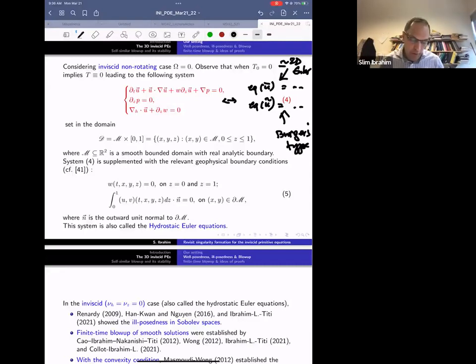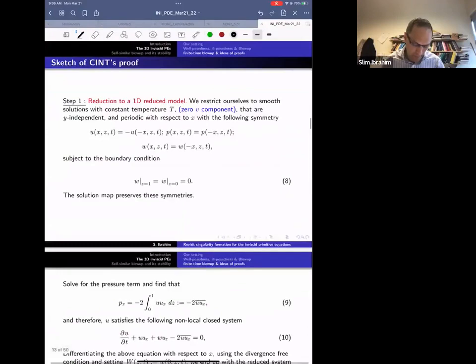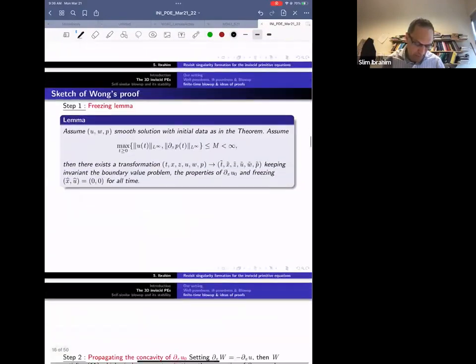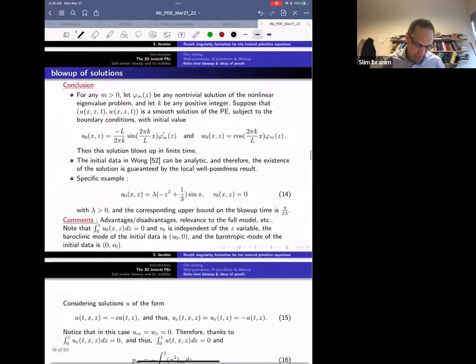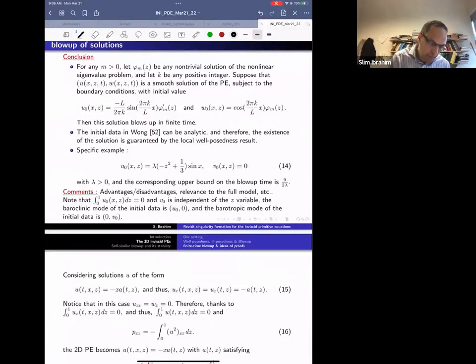And this observation that I just told you, this observation here, means that it's not surprising that these initial data vanish in the barotropic component and live in the baroclinic component of the velocity, right?